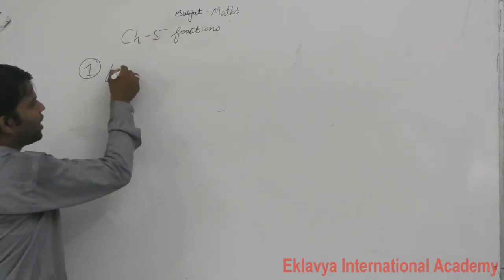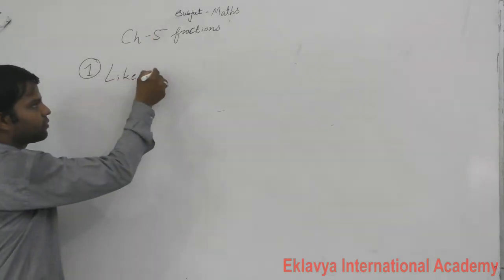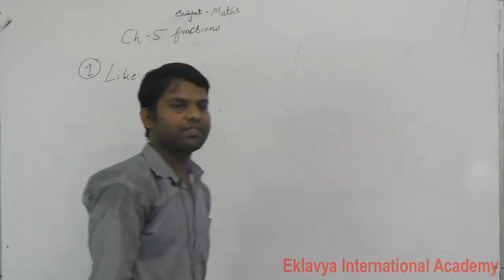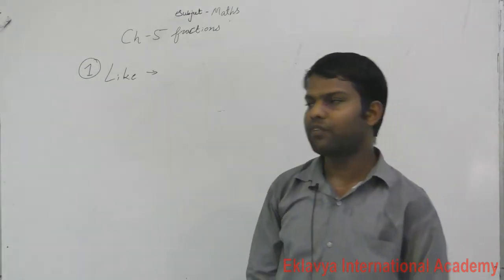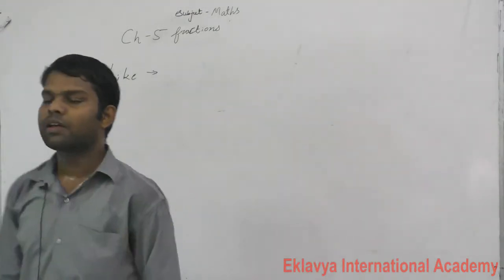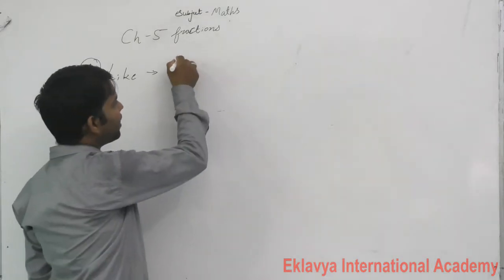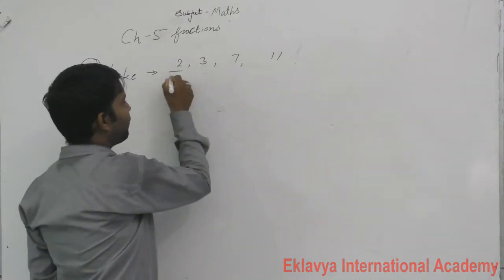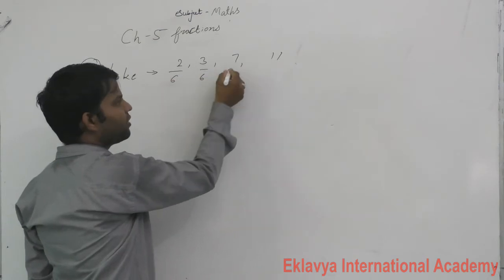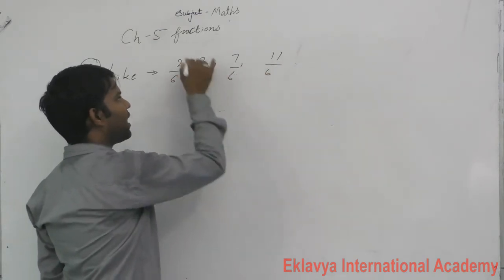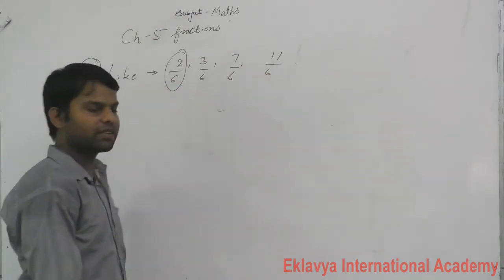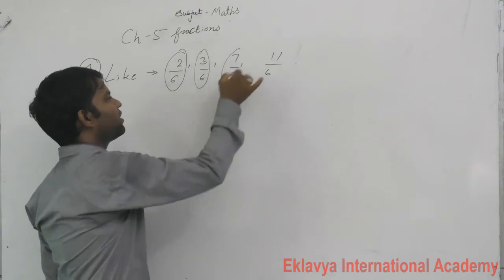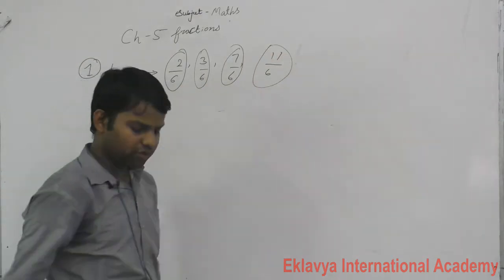First, like fraction. In like fractions, we have different fractions, but here the numerators are different, 2, 3, 7, 11, but the denominators are always the same. Like first is 2 upon 6, second 3 upon 6, 7 upon 6 and 11 upon 6.